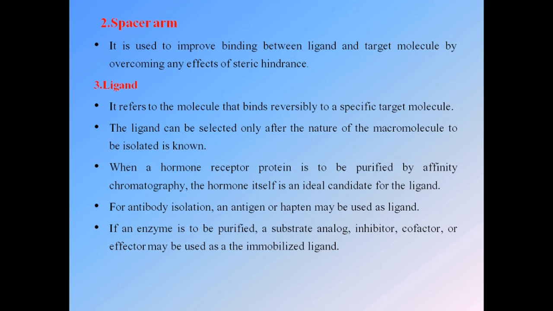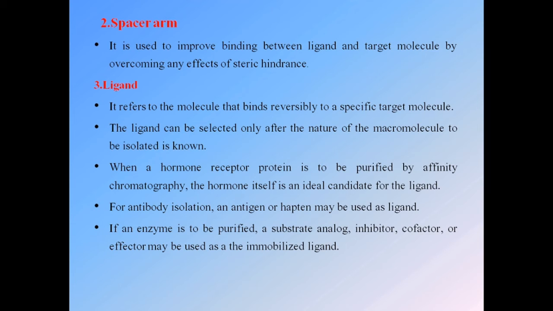The ligand can be selected only after the nature of the macromolecule to be isolated is known. When a hormone receptor protein is to be purified by affinity chromatography, the hormone itself is an ideal candidate for the ligand.